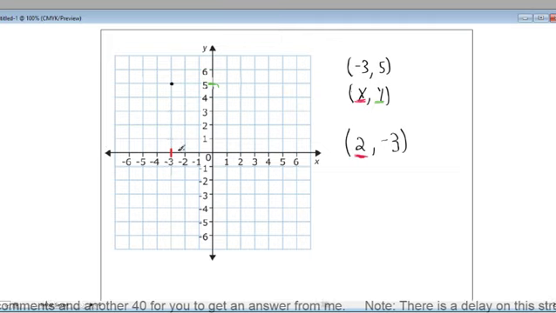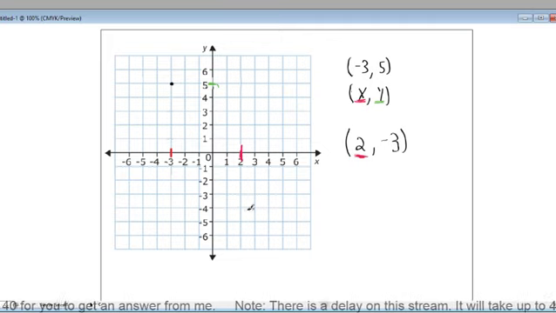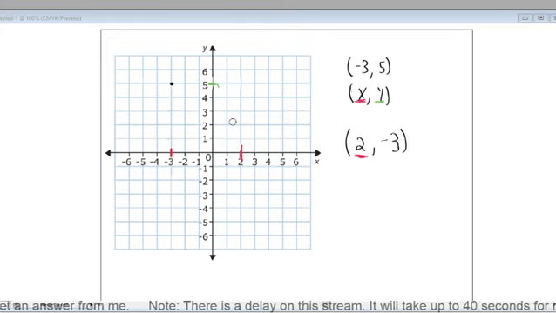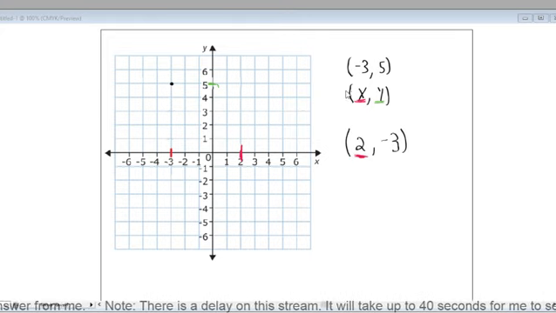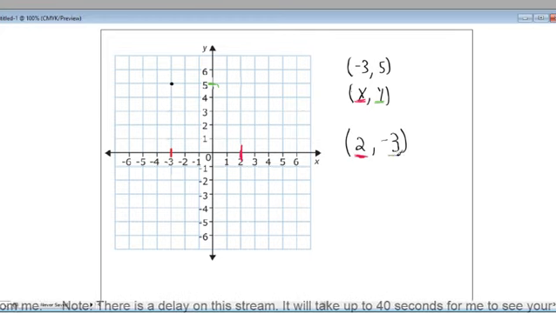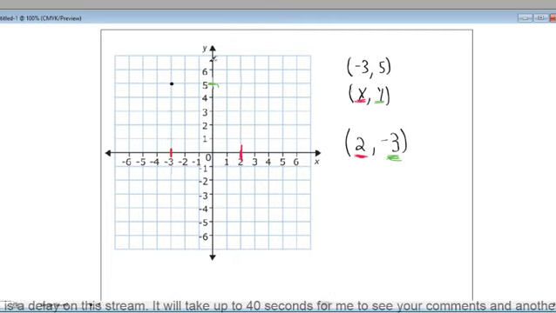And so if we look along our number line, our x value being 2, here's 2 right here. And then green for y, -3. So we find -3 along this number line here. -3 is right here.